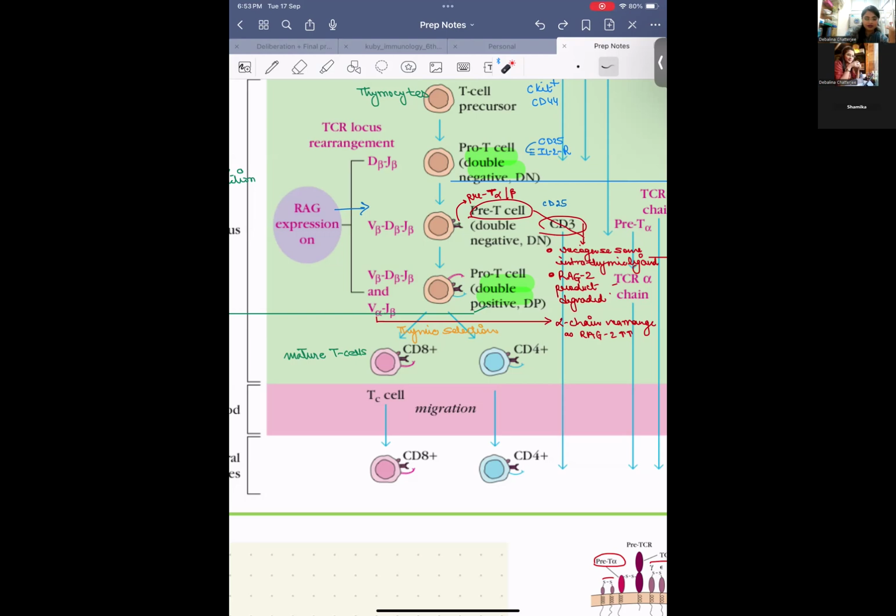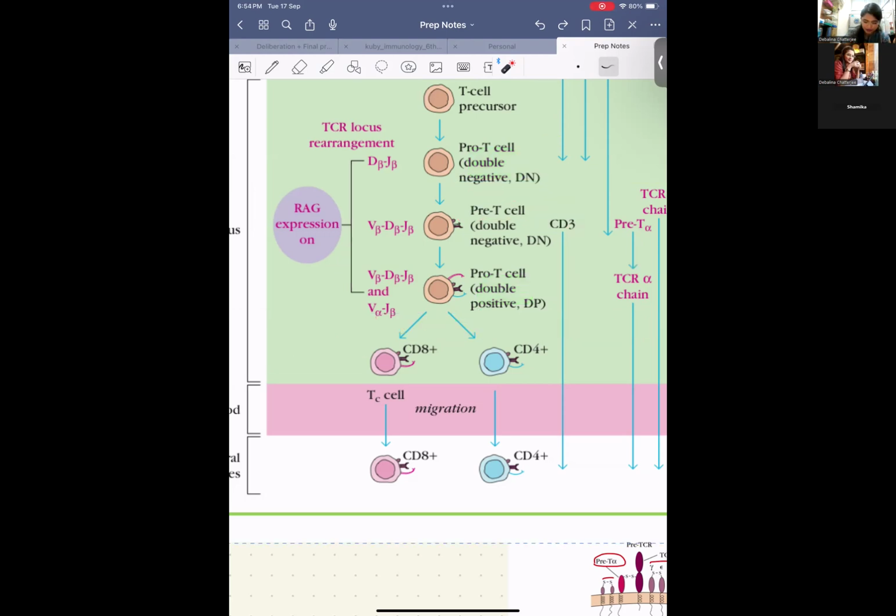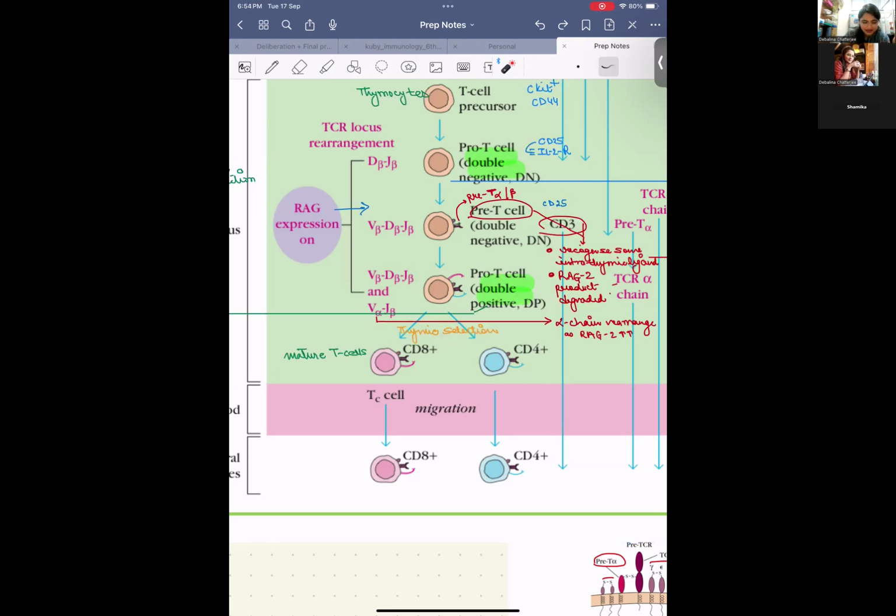So here, because RAG is written in capitals, they are talking in terms of the gene product that is being formed, right? That's just the nomenclature of how we usually refer to things in science. But RAG is the name of the gene, and it is also the name of the enzyme that is formed.